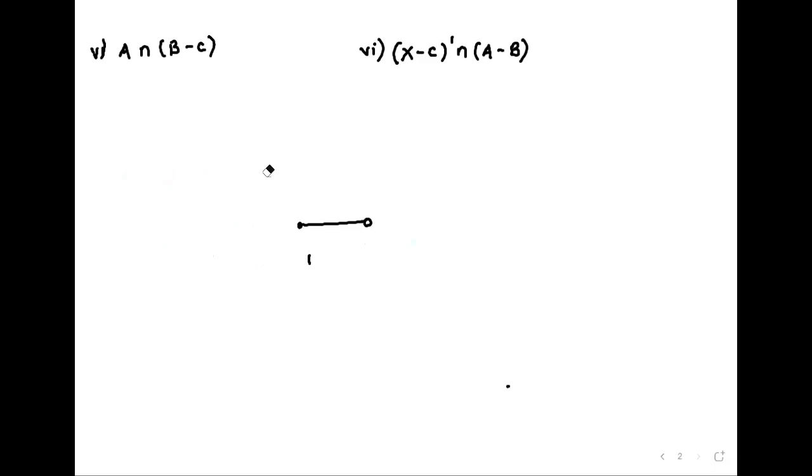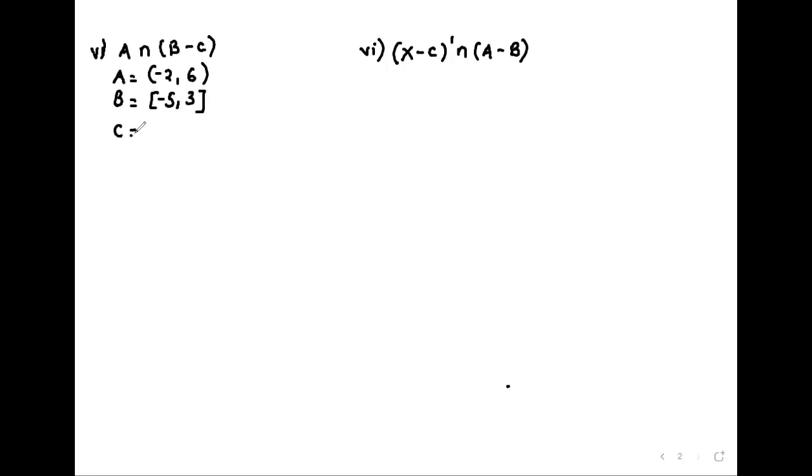Let's answer the other two. B minus C intersection A. Remember, A is from -2 to 6. B is from -5 to 3.